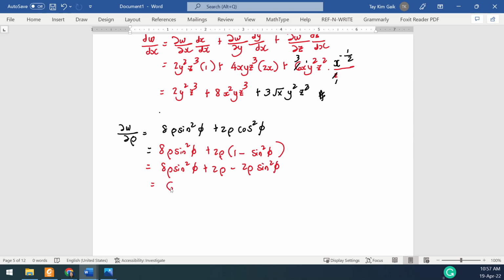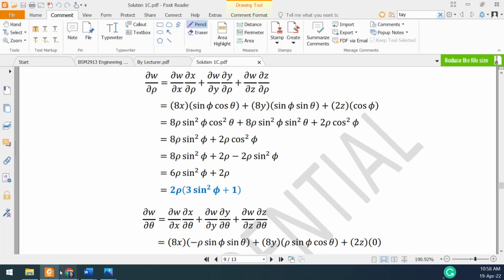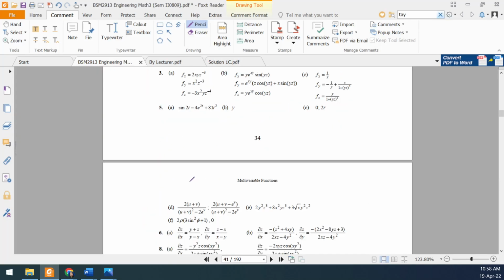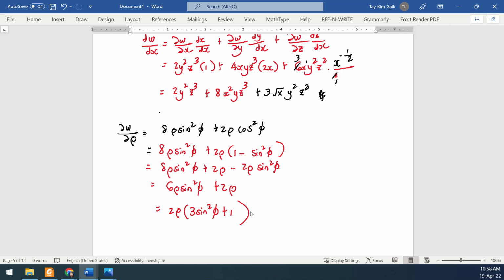So it will be 6 rho sin squared phi plus 2 rho. Okay, factor out 2 rho. So we get 3 sin squared phi plus 1. That is here. So that's what we get: 2 rho bracket 3 sin squared phi plus 1, which is here. Okay, so thank you.